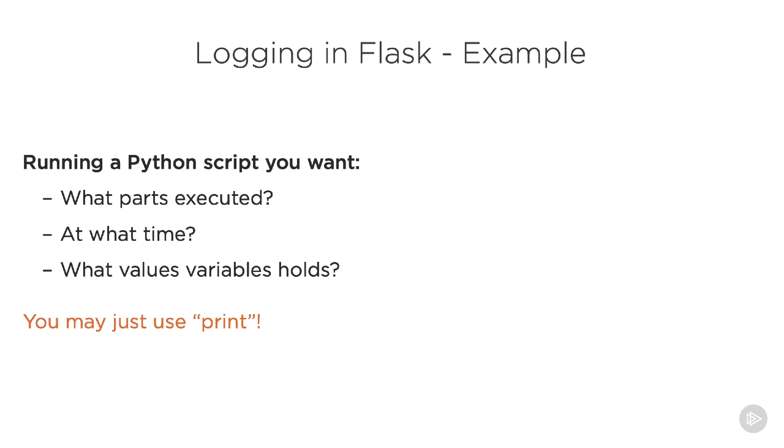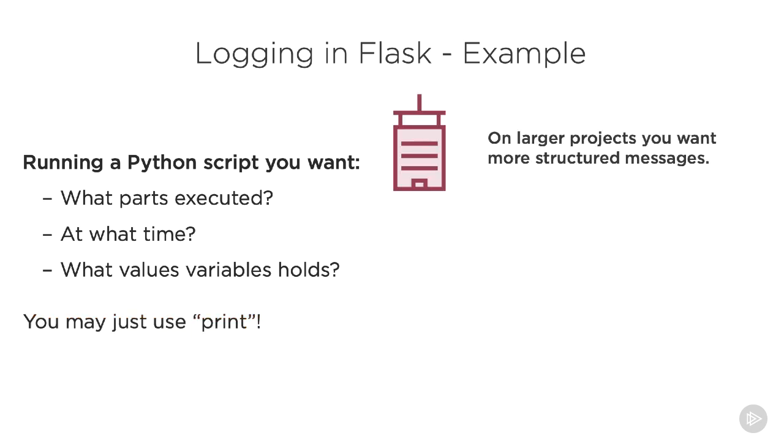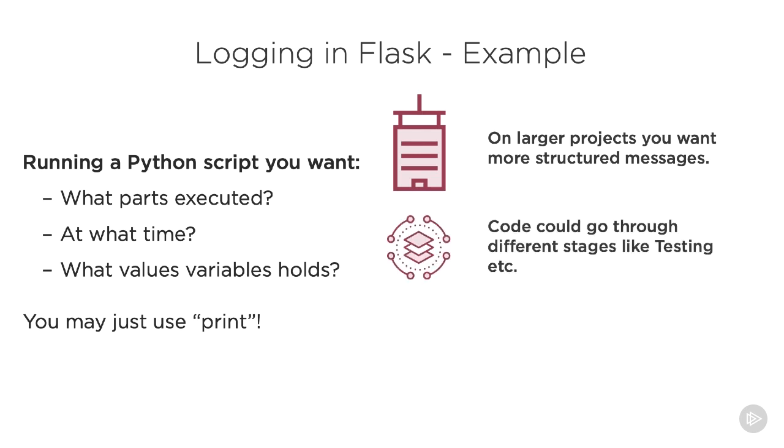The problem is, when you use this approach on larger projects containing many modules, you want a more structured, robust approach. But why? Because the code could go through different stages such as development, debugging, review, testing, or goes into production. You want to see different levels of detail in the printed messages.